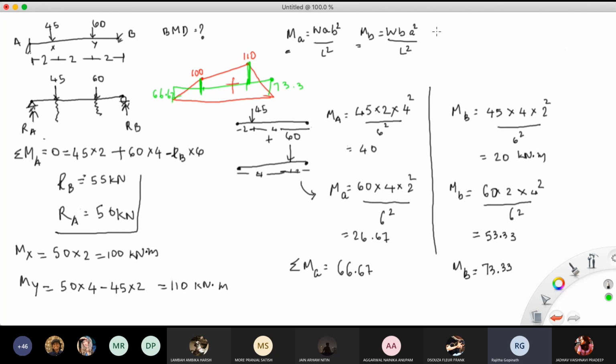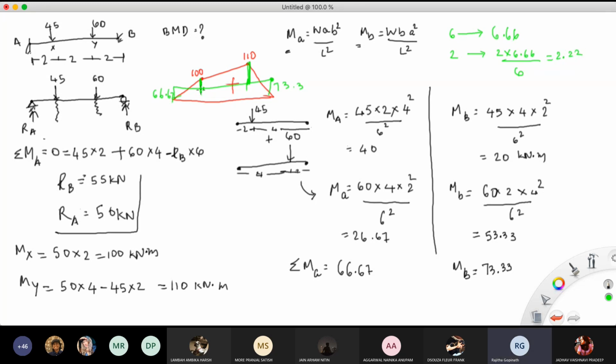So for a beam of 6 meters, the increase in moment is 6.66, right? So for every increase of 2, the increase in moment is going to be 2 into 6.66 divided by 6, which is 2.22.